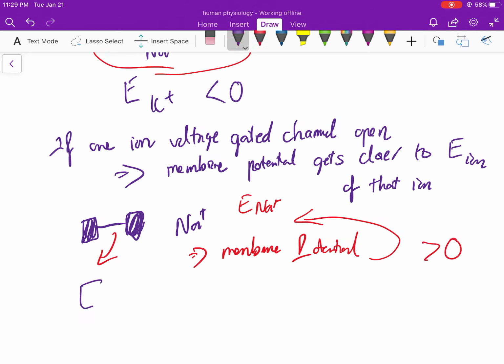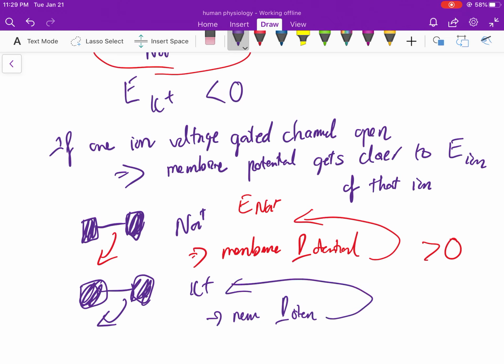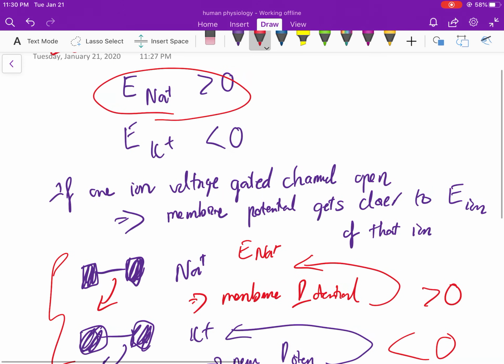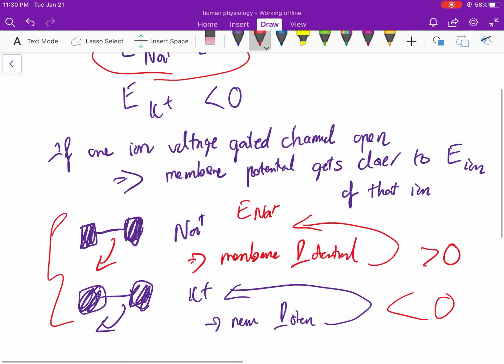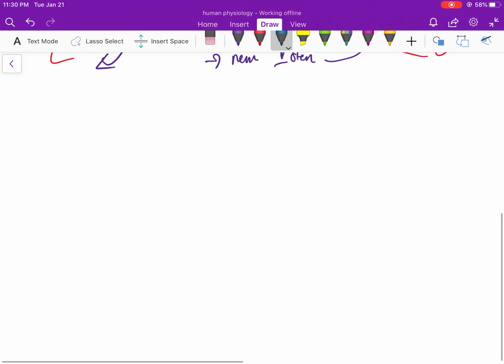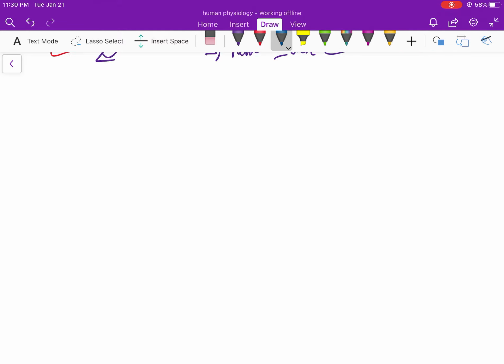And if we have a voltage gated channel of potassium and it's open, then our membrane potential will get closer to the voltage number of K plus, which is a negative number. So this will become negative. That's the idea that we want to remember, so we can link it to the activity of all the gate channels, which one is open and which one is closed, in the electrical transmission through the axon.